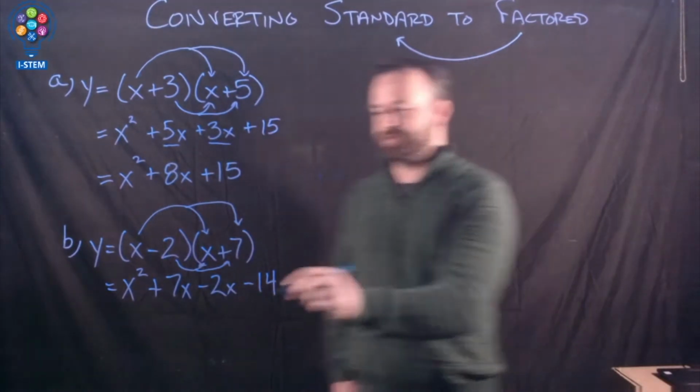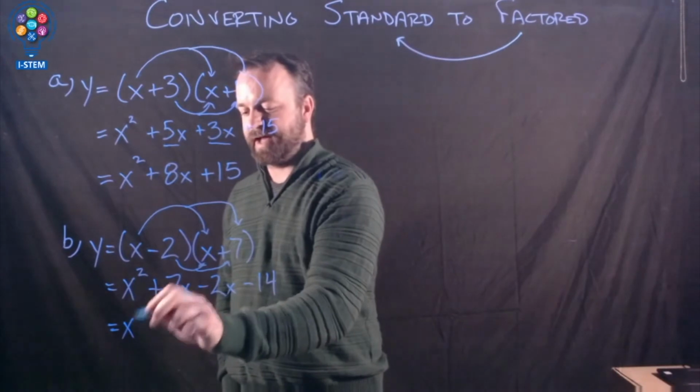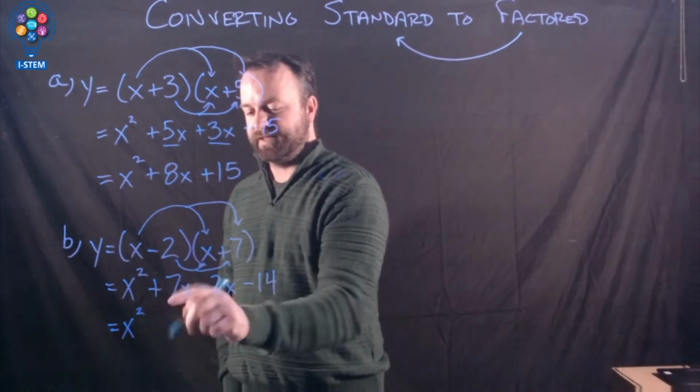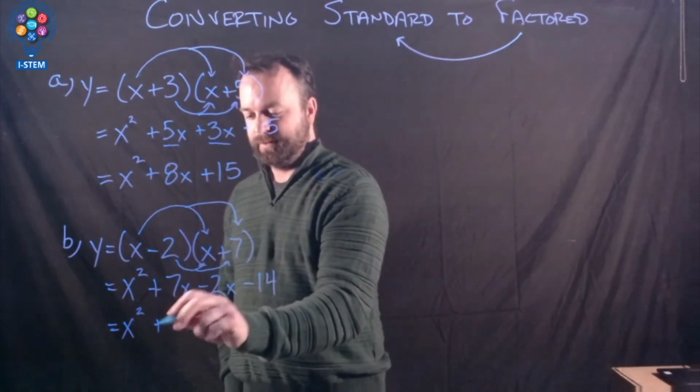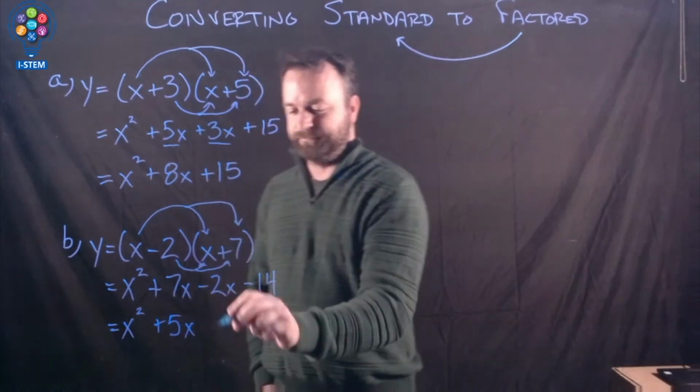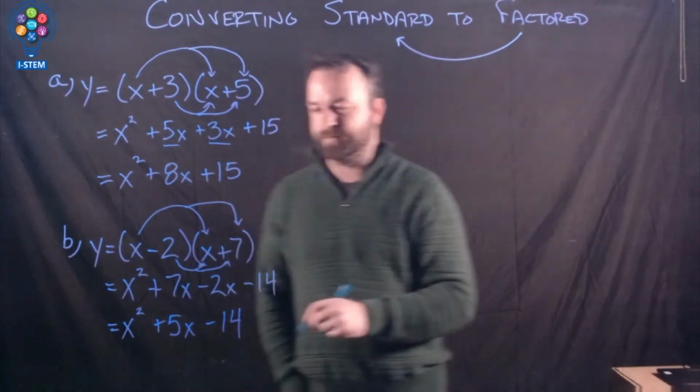And my middle two terms are my like terms that I can gather together. 7x minus 2x is positive 5x minus 14.